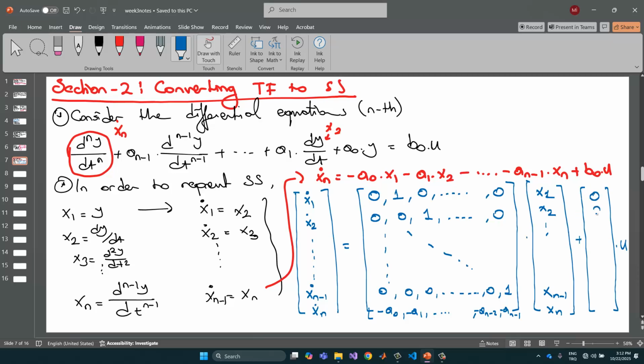No, and so 0, 0, 0, and so on, 0. And the last term has? Yes, b0. That's all. This is called the phase variable form, guys. That's it. Okay?